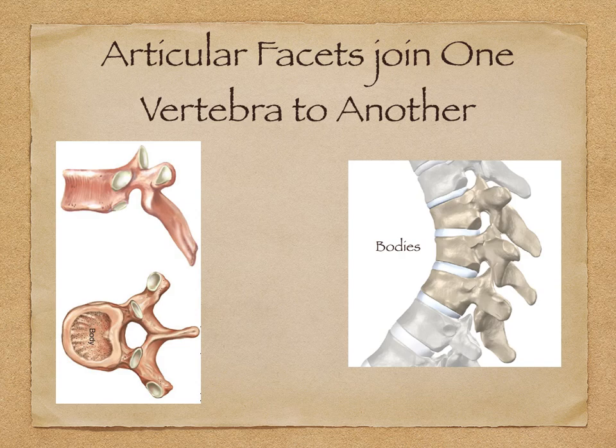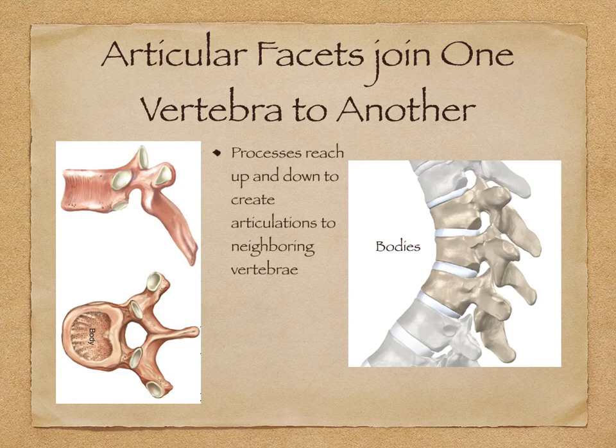In this picture, you see over on the right several vertebra sitting above and below each other. And notice that toward the back, each vertebra is touching the vertebra above it and the vertebra below it. And let me just help you with that a bit.